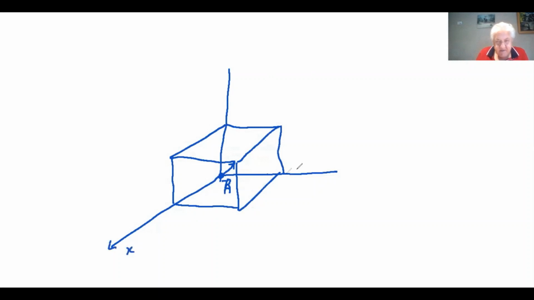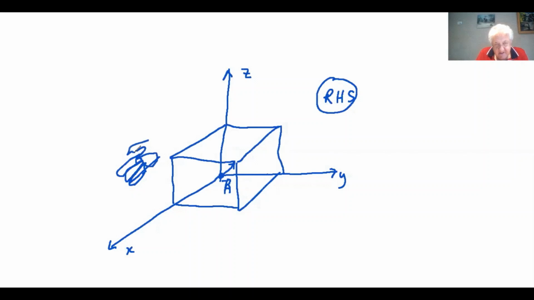This is X, Y, and Z. This, by the way, is a right-handed set, which means you obtain the axes by the right-hand rule. Flatten your hand, point your fingers. I'm going to draw a very bad hand.